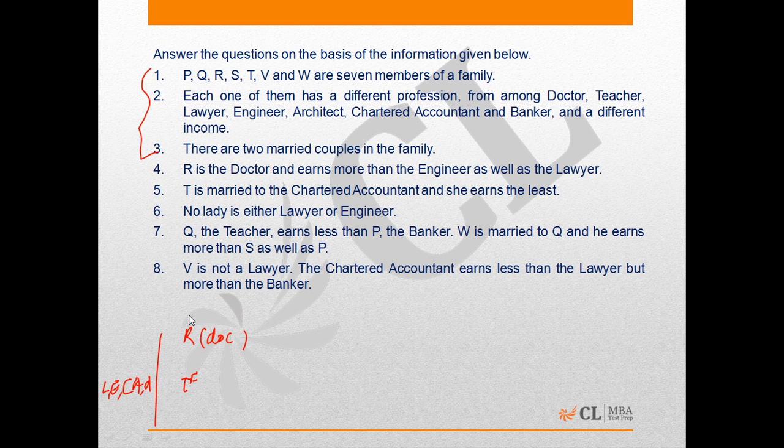In statement seventh, it is given that Q, the teacher, earns less than P, the banker. So from here, T cannot be teacher or banker. So the only profession left for T is architect.